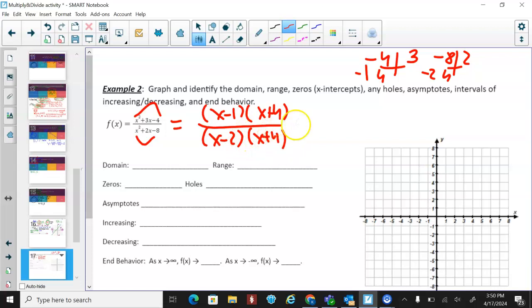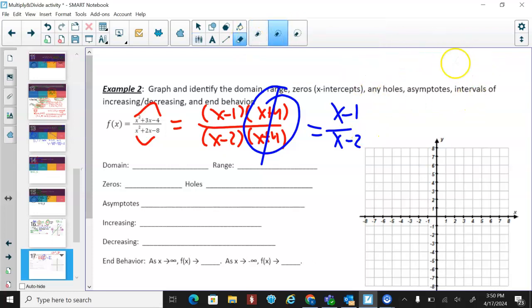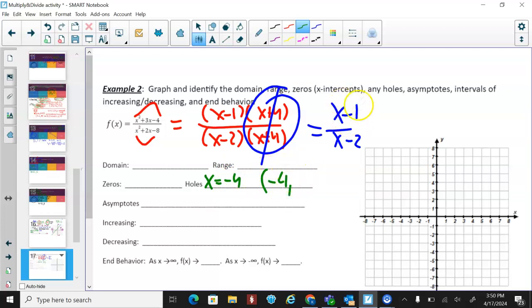So again, I'm going to look for my hole first, okay, and simplify it to x minus 1 and x minus 2. So I'm going to start with my hole, okay? So I know that my hole is x plus 4. So x plus 4 equal to 0. It's going to give me x equals -4. That's the first point of my hole. I'm going to take this -4 and plug it into my simplified version here.